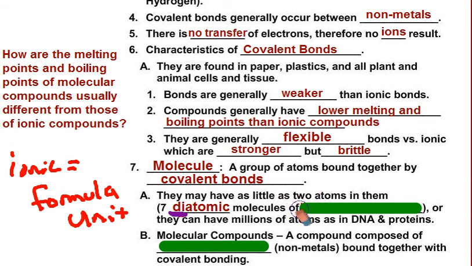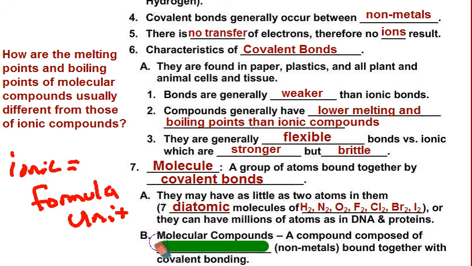And so we have diatomic molecules of H2, N2, O2, F2, Cl2, Br2, and I2. So all of the halogens, hydrogen, nitrogen, oxygen. All of those can only have two atoms. They'll actually form molecules with just two atoms. Or they can have millions upon millions of atoms, such as DNA and proteins, which are huge molecules.